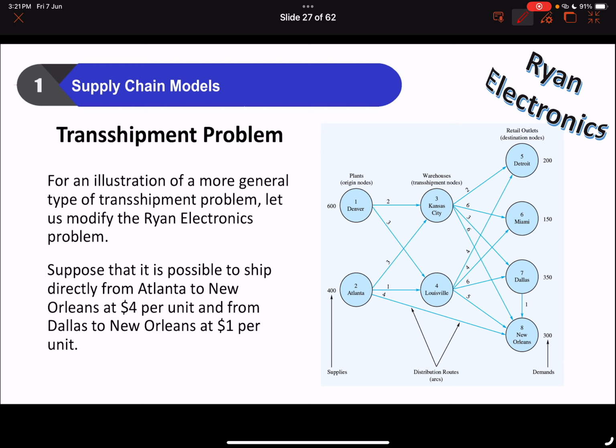So now we added two new routes. Atlanta straight to New Orleans at $4 per unit, and the second route is from Dallas to New Orleans at $1 per unit.